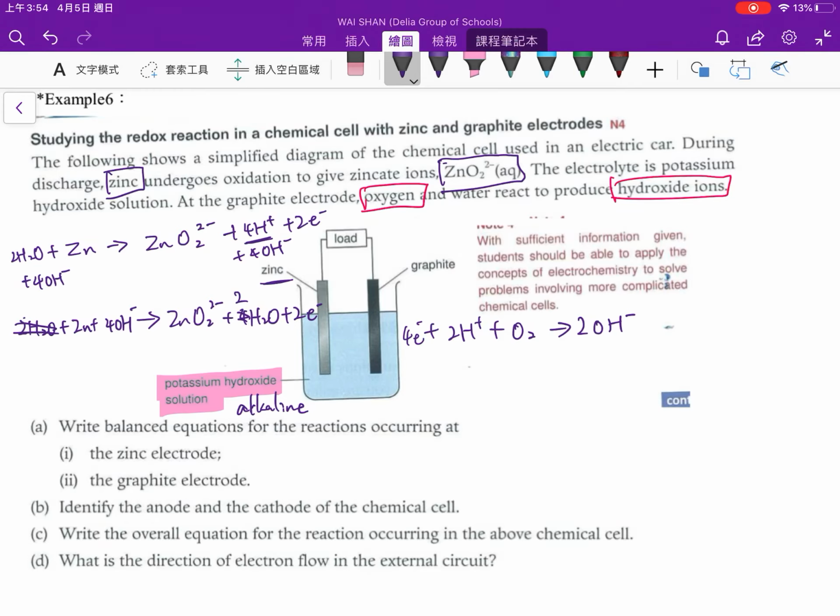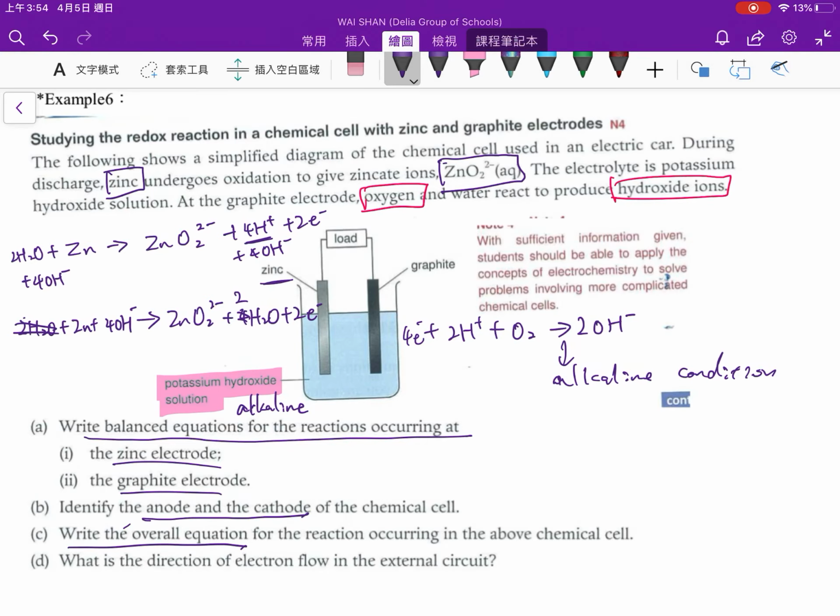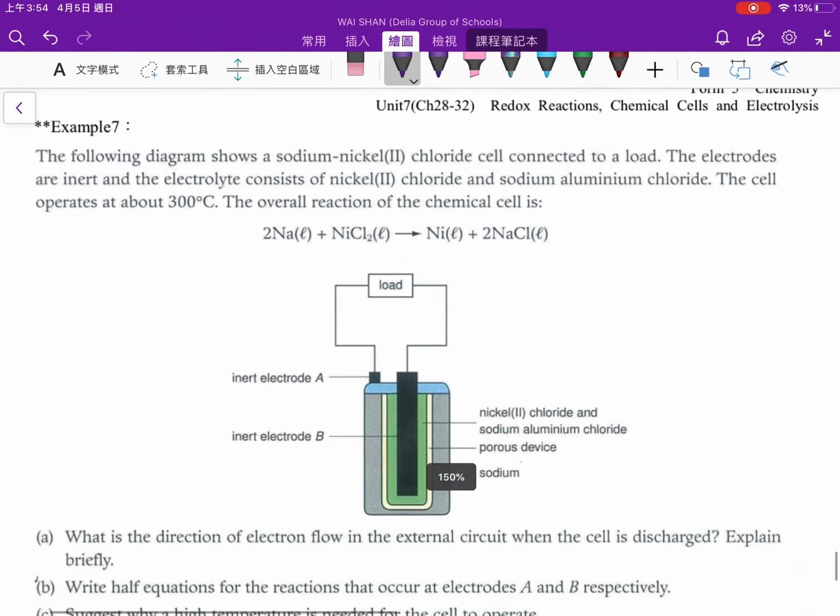Okay, do it by yourself. I'm not going to do it. So write the balanced equation occurring at zinc and graphite. I have done one for you already. Another one, turn it to alkaline condition. And write the overall equation. Identify which is anode or cathode. Okay, so for the rest of them, you can do it.